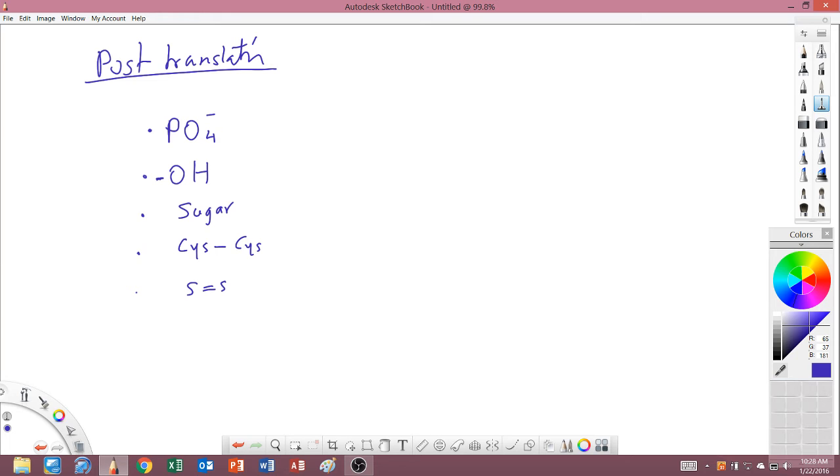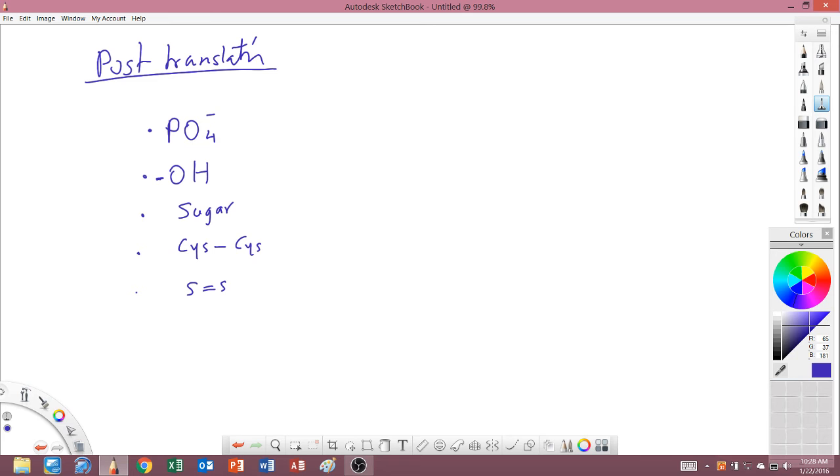For example, let's say you buy something, and you're like, you know what? I'm going to frame it. Some say I want to frame it with gold, some say I want to frame it with this, but you do it according to your needs. That's post-translation modification. It's not necessarily done by ribosomes, but it's done by Golgi and who? RER. Excellent.